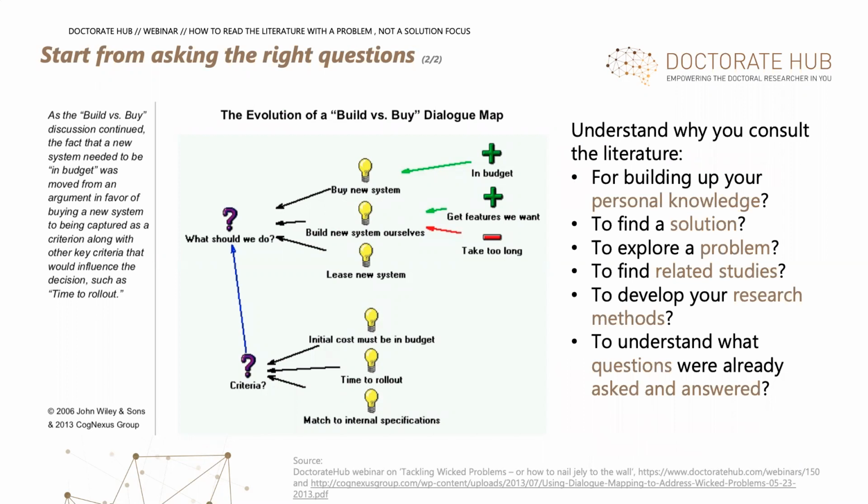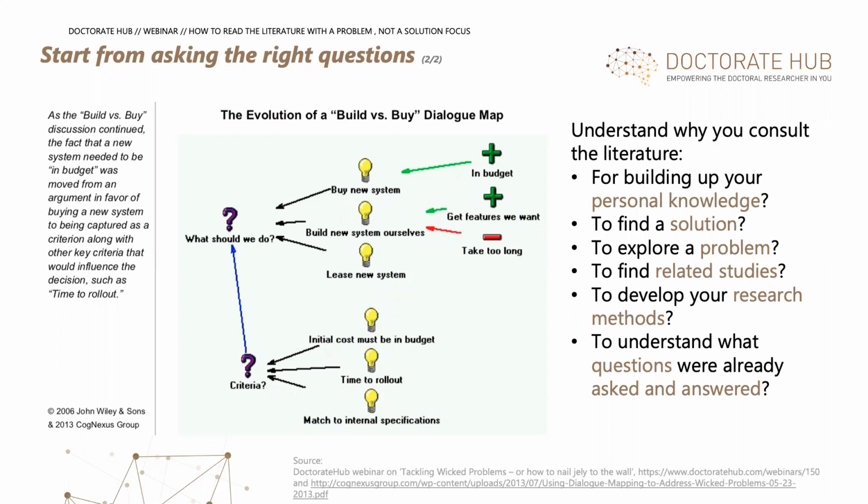Now, if we work over criteria, then we can well ask ourselves the question: what is the purpose of consulting, for example, the literature? Do we consult it just for building up our personal knowledge of that field, of that domain? And I think it's fair that over 90% of what you will read during your doctoral study will not end up in your thesis, but the main purpose of reading it is just for you to build up the required knowledge gradually.